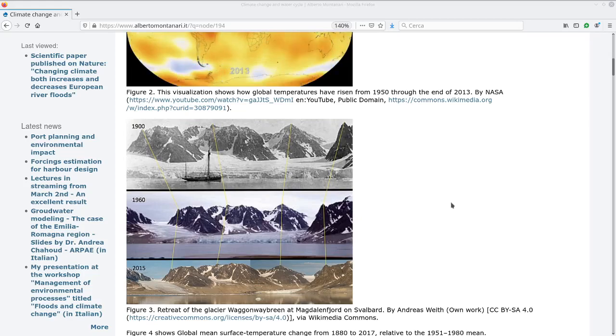Don't think of it in absolute terms. It's something that you cannot individually perceive, but still it's extremely relevant in terms of glacier retreats, as you can see in this picture. So it's indeed huge. On the other hand, if you look at the measurement from the satellites, which refer to the troposphere, the warming is 0.3, so it's half.